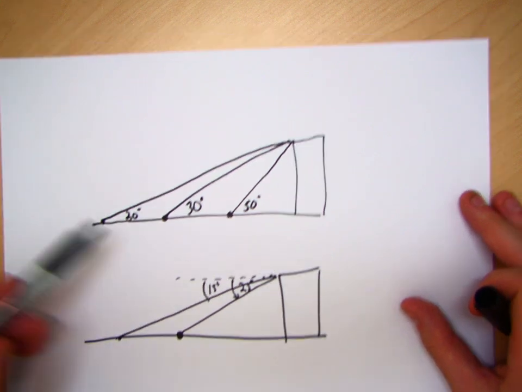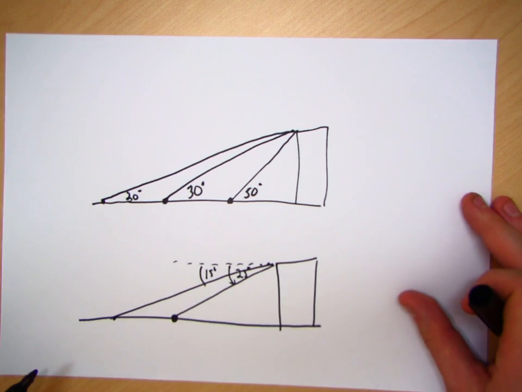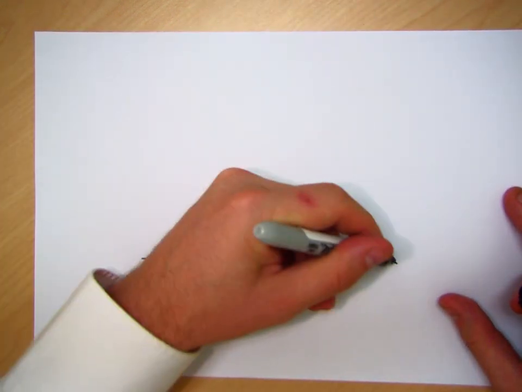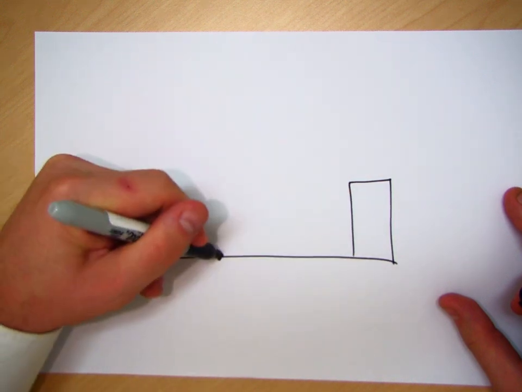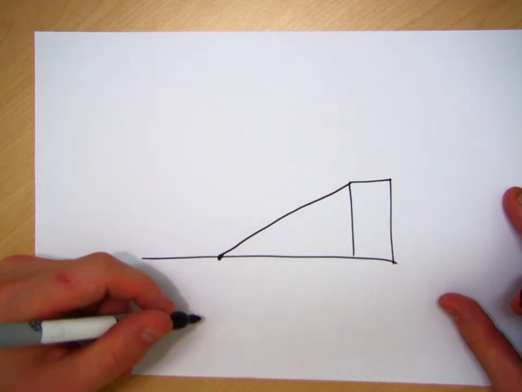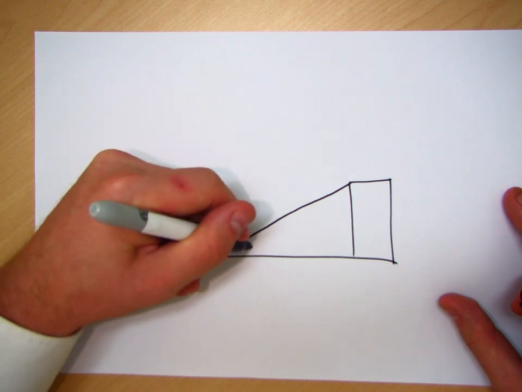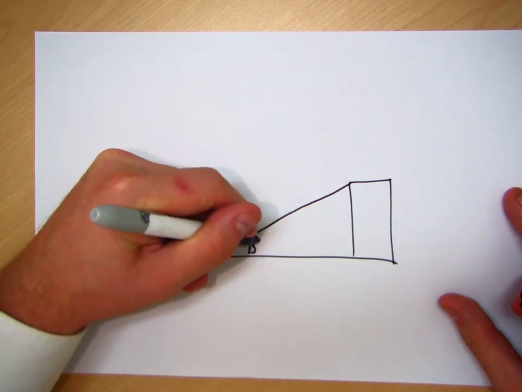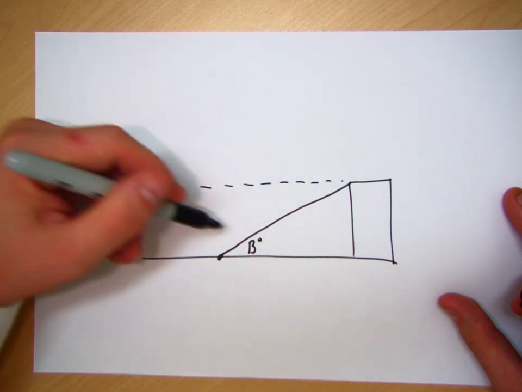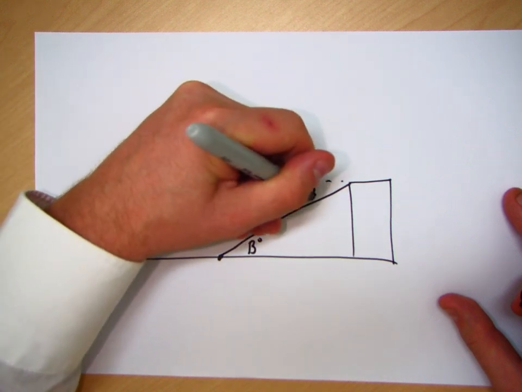Something I want you to notice, though, with angle of depression and elevation is that if I draw that same picture again, and I have a point here, and here's my line, and my angle of elevation, let's say it's B degrees. So some angle B degrees. Notice that if I look at my angle of depression right here, it would also be B degrees.